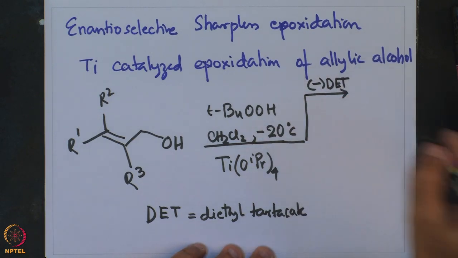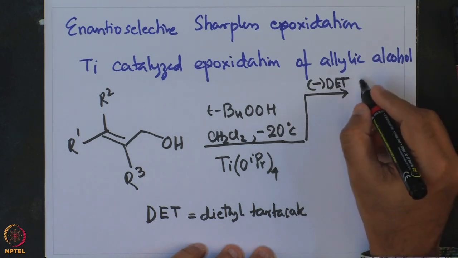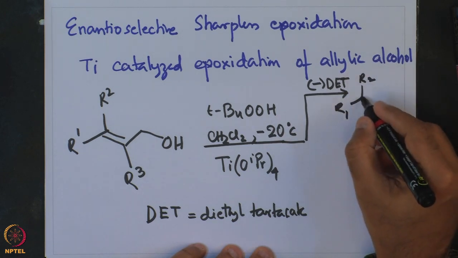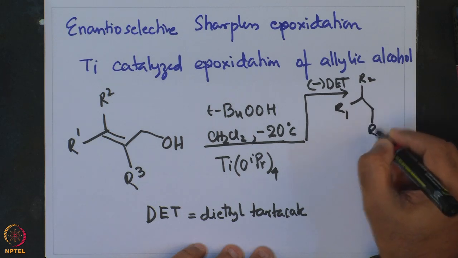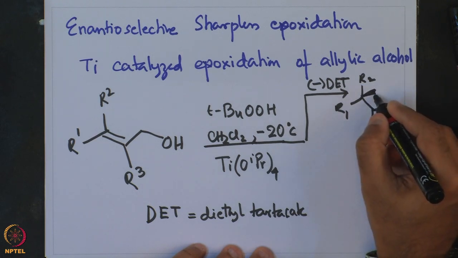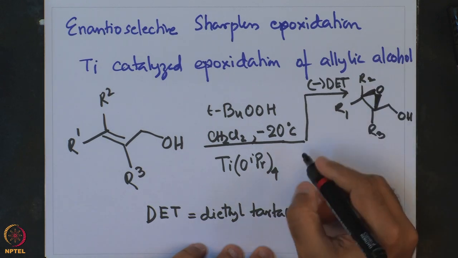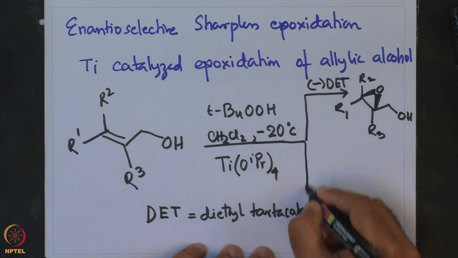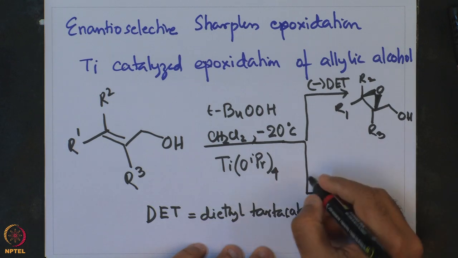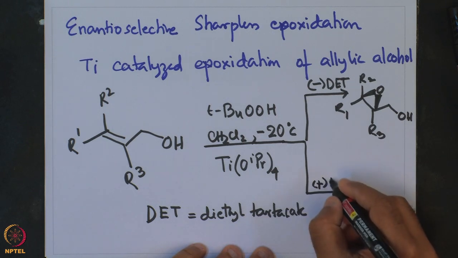gives two different forms of epoxides, R2, R1, R3, O, and the opposite form is obtained with plus diethyl tartrate.